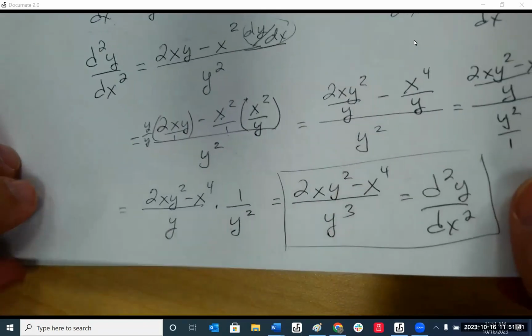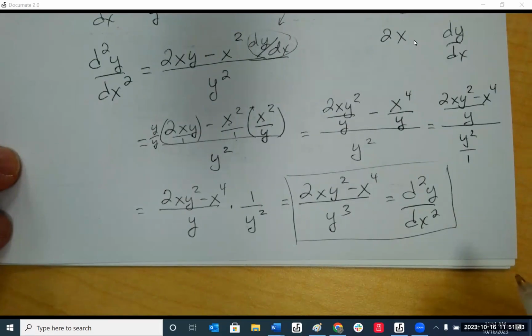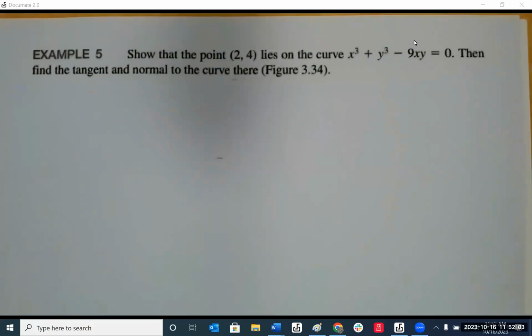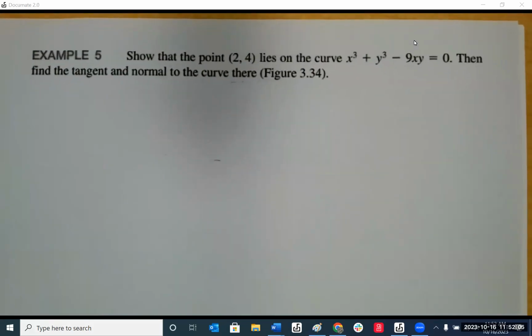If you're trying to find some high-end derivative, would you just use a computer algebra system, like the CAS? Yes, because it just explodes from there. For advanced applications, you use those complex algebra systems.